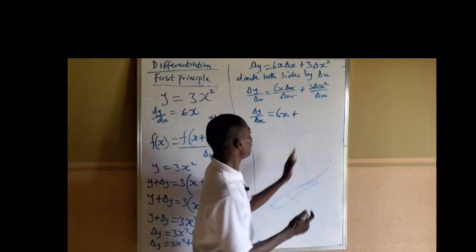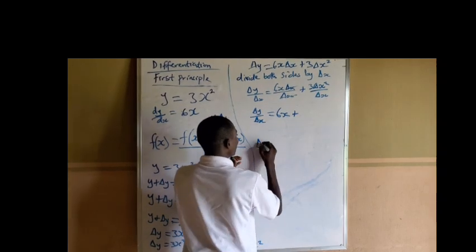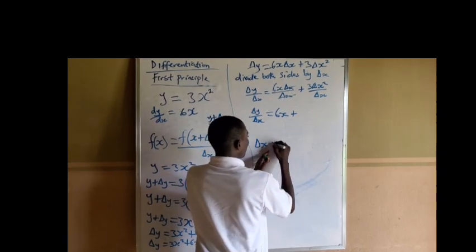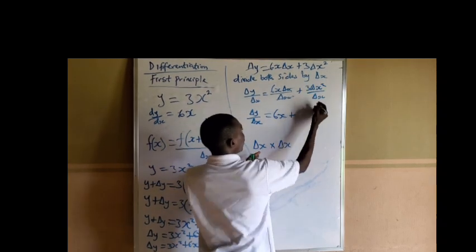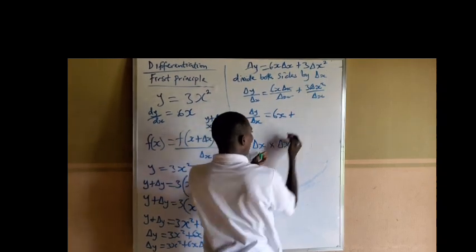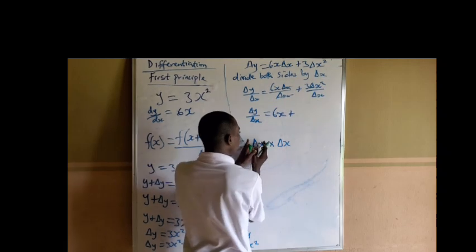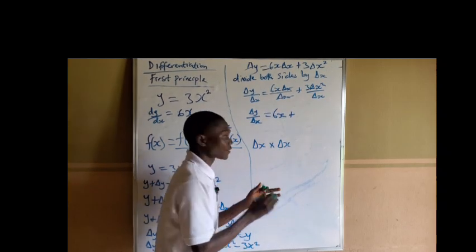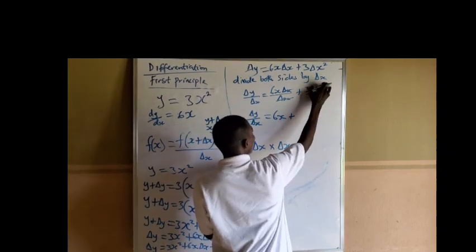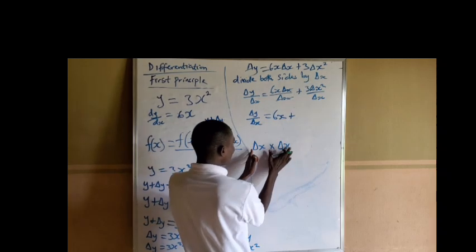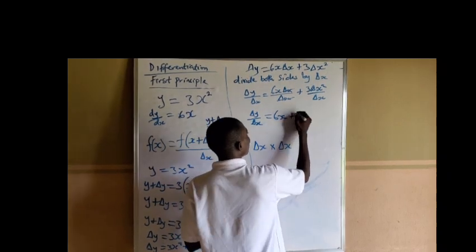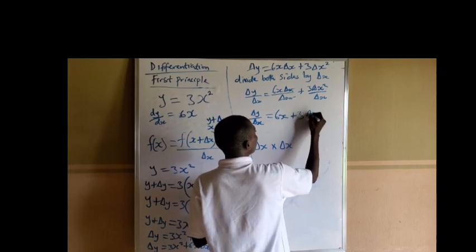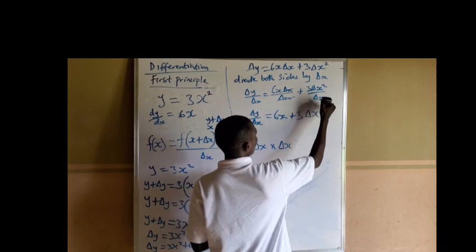This change in x squared is just like change in x times another change in x. So we cancel 1 out of it, and we are left with 3 change in x.